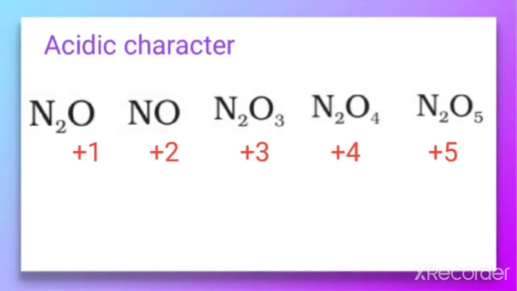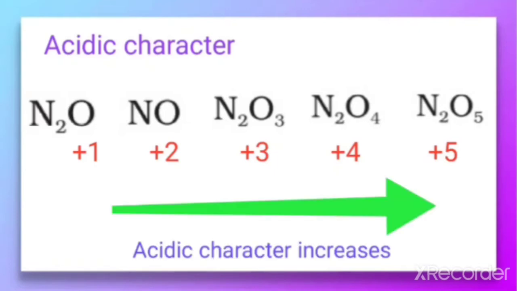When we compare the acidic character, it increases with the increase in oxidation number. Since from +1 to +5 there is an increase in the oxidation number, the acidic character increases.